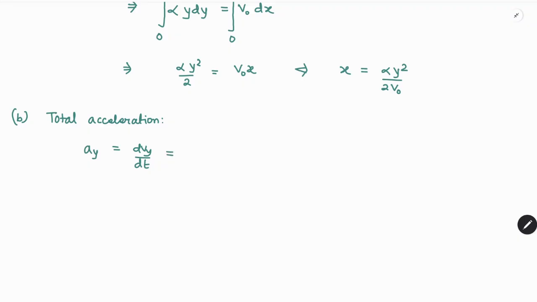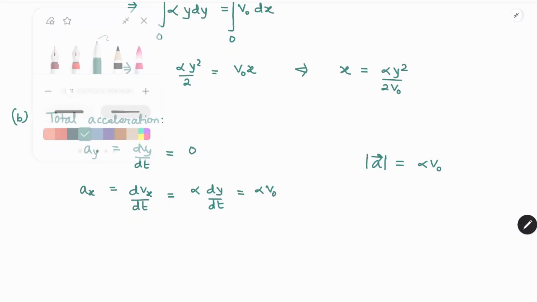Since the y component of velocity is constant, the acceleration in the y direction is 0, and if we solve for the horizontal acceleration, that is dvx by dt, we can write this as alpha dy by dt, and we write it as alpha v0. So the total magnitude of acceleration will be solely in the x direction, and the magnitude of acceleration is alpha v0. So this is the second part of the problem.